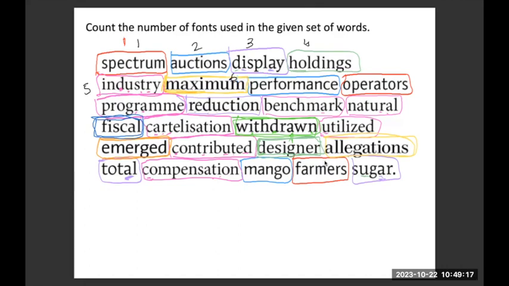Red is counted, pink is counted, purple is counted, pink counted. 7, sorry, 7, 8, 9. Yeah, all other colors are counted. So that makes up to 9 different fonts.